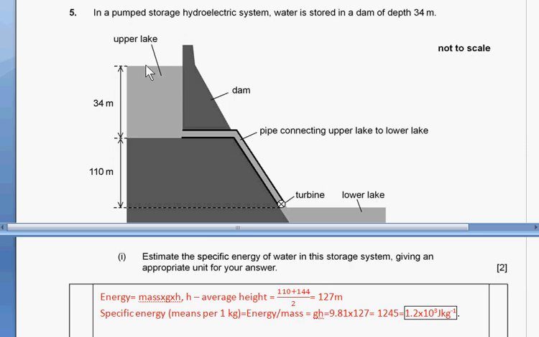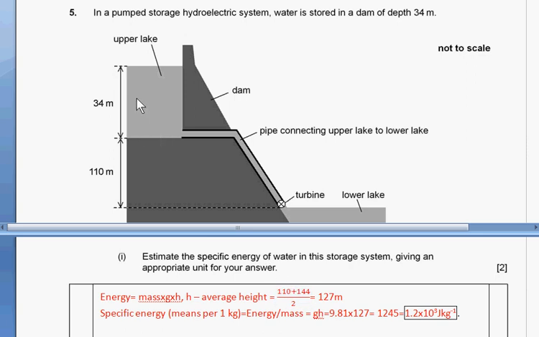Let us consider this storage tank. The energy of this water equals mgh, and we should take h average. So average from 110 to 144, mathematical average.